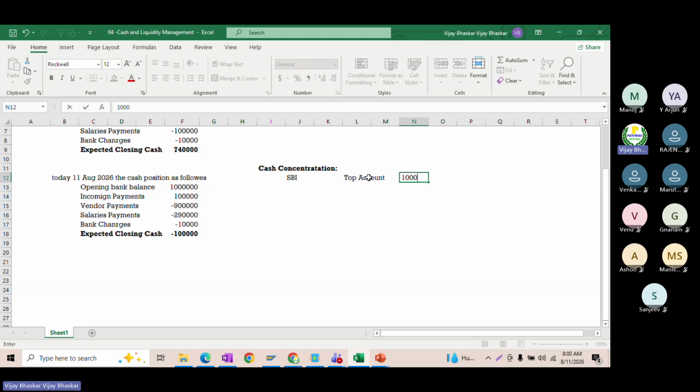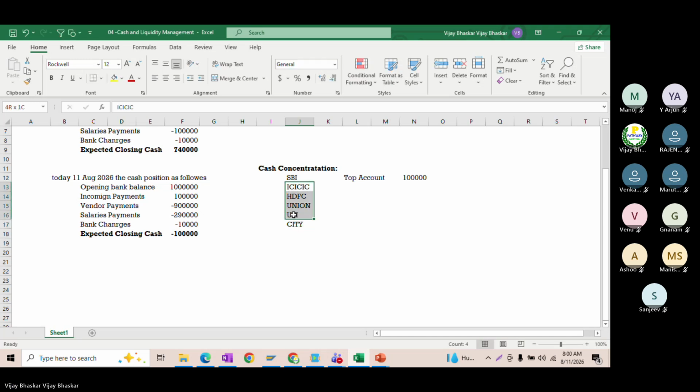This has a balance of 1 lakh rupees, that is the opening balance. Now the management decision is that we have SBI, ICICI, and HDFC, so we have these many bank accounts.